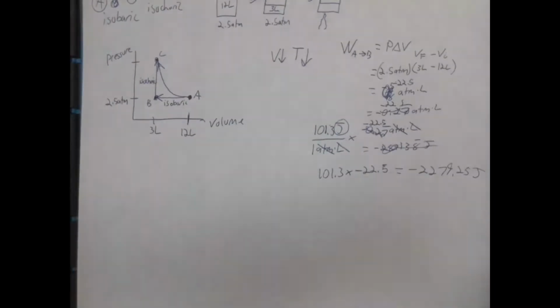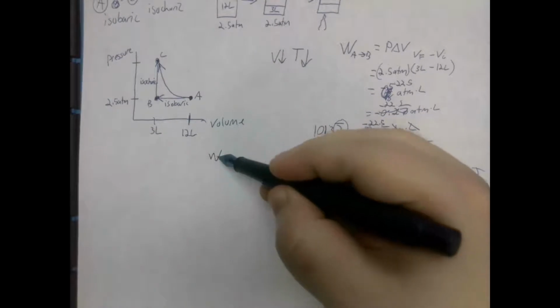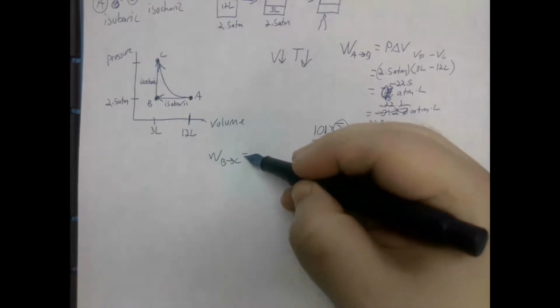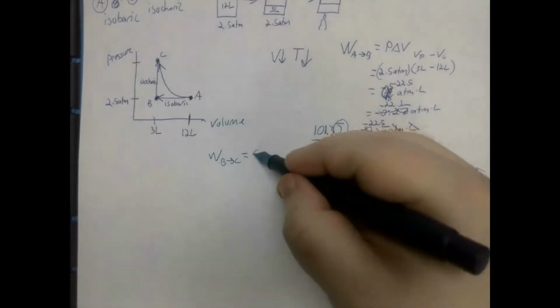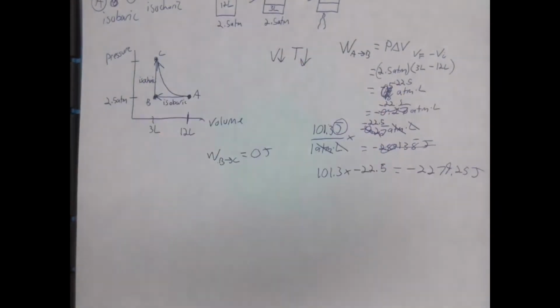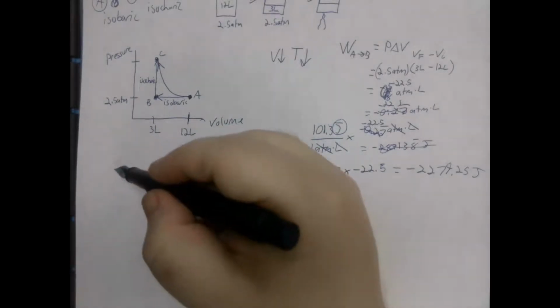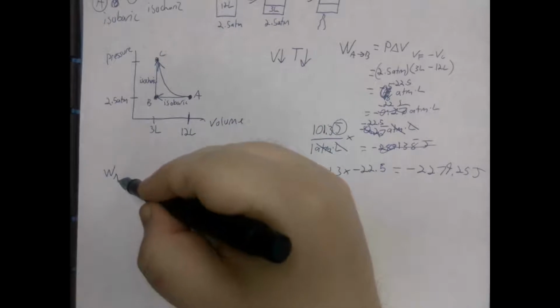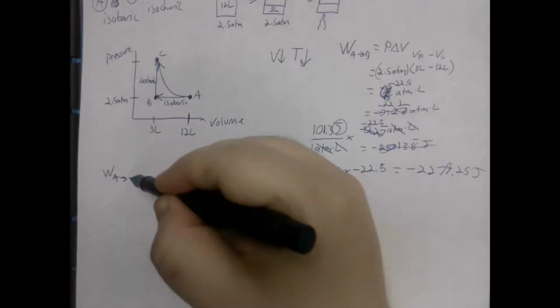All right. What about the work from B to C? 0. So isochoric tells us the work is 0. Yes. You're not changing anything. So question is, what is the work from A to C?